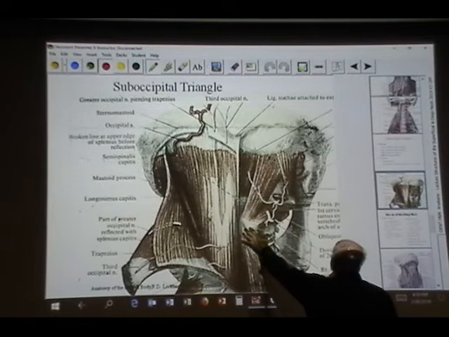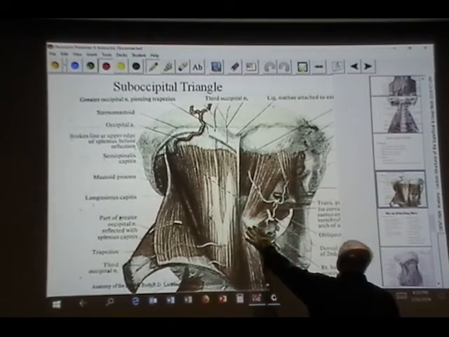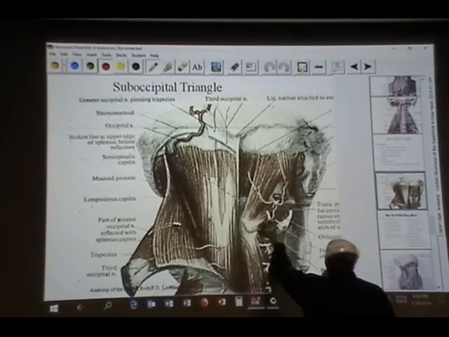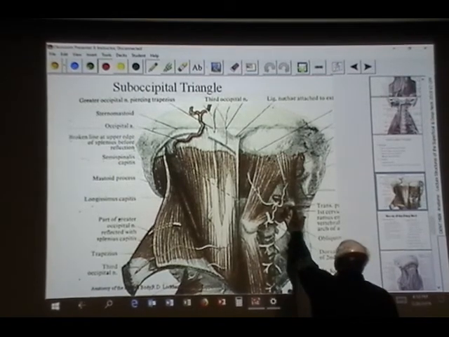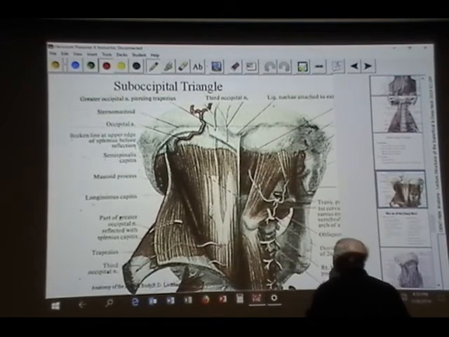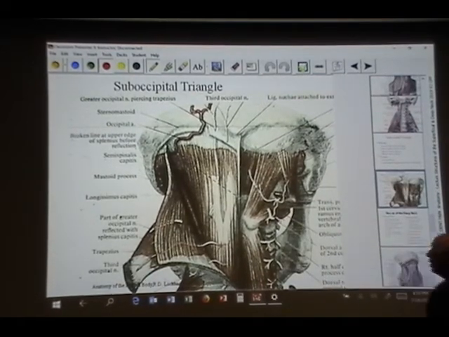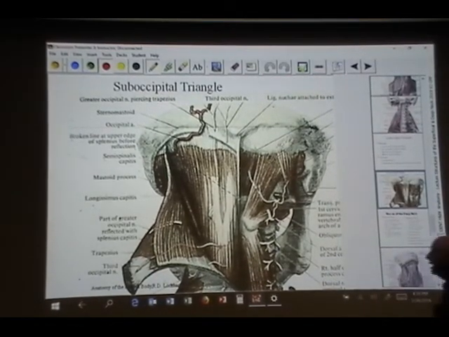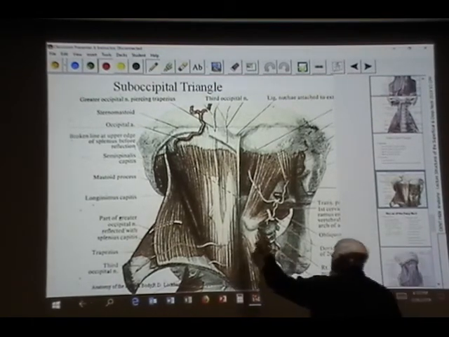Over here, this is its spinous process, and then over here is the first cervical vertebrae transverse process. Okay?